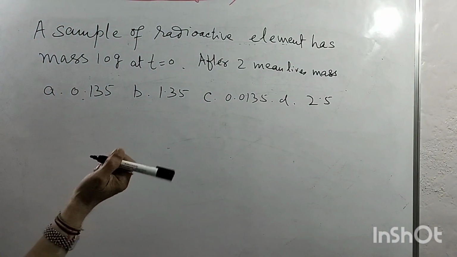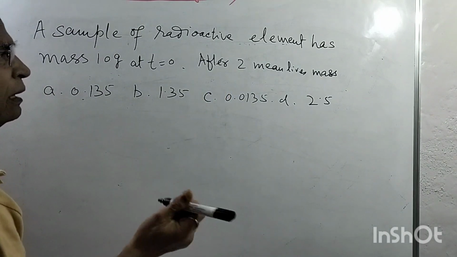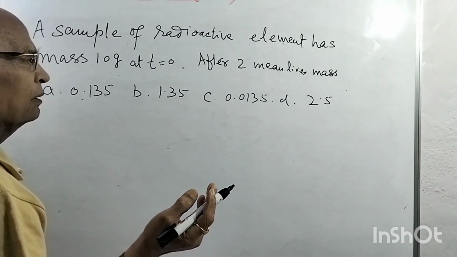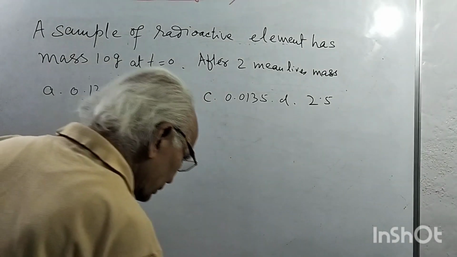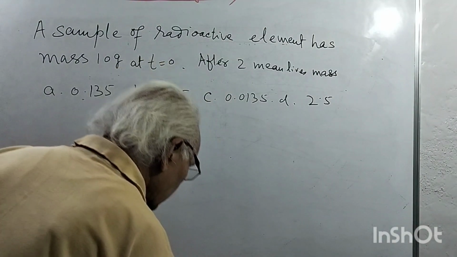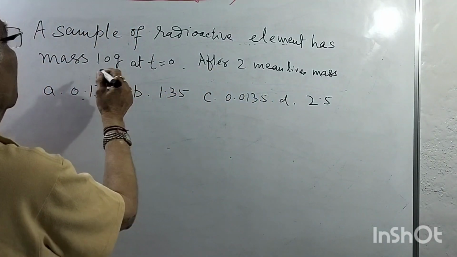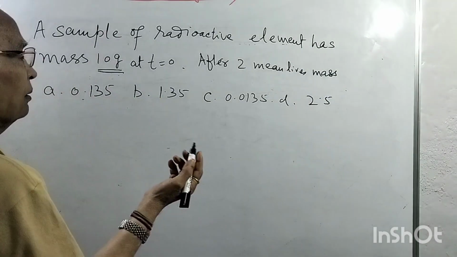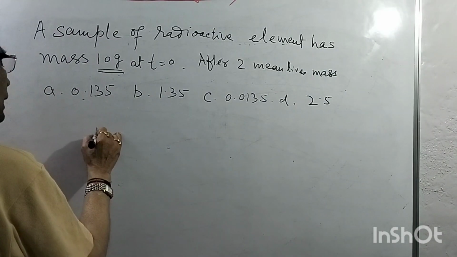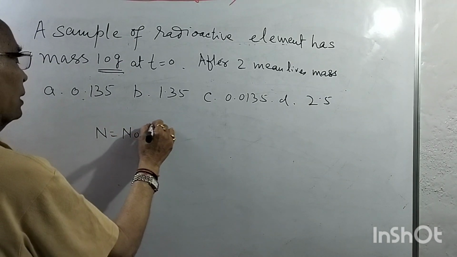Well, this is just common sense also. It decays after 1 mean life and after 2 mean life. So what will remain? It started from 10 gram. So you can get n is equal to n naught e to power minus lambda t.